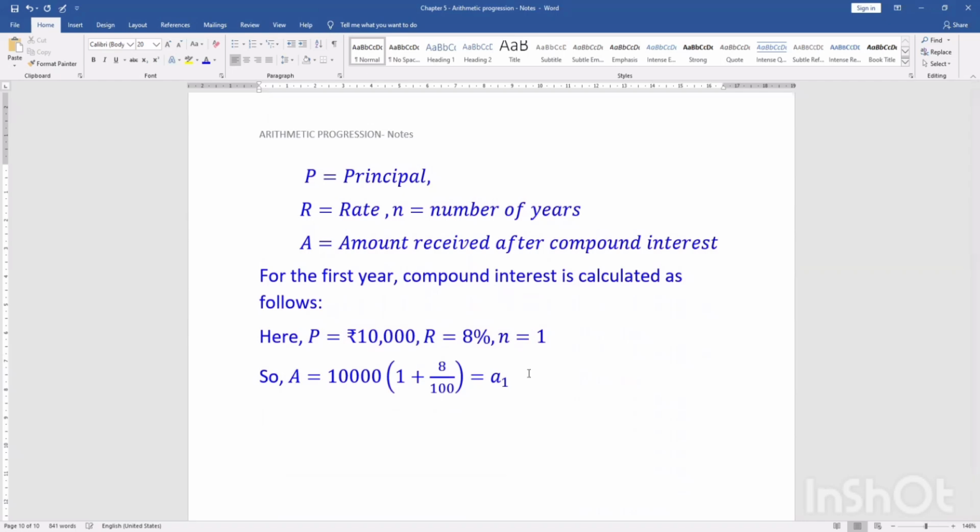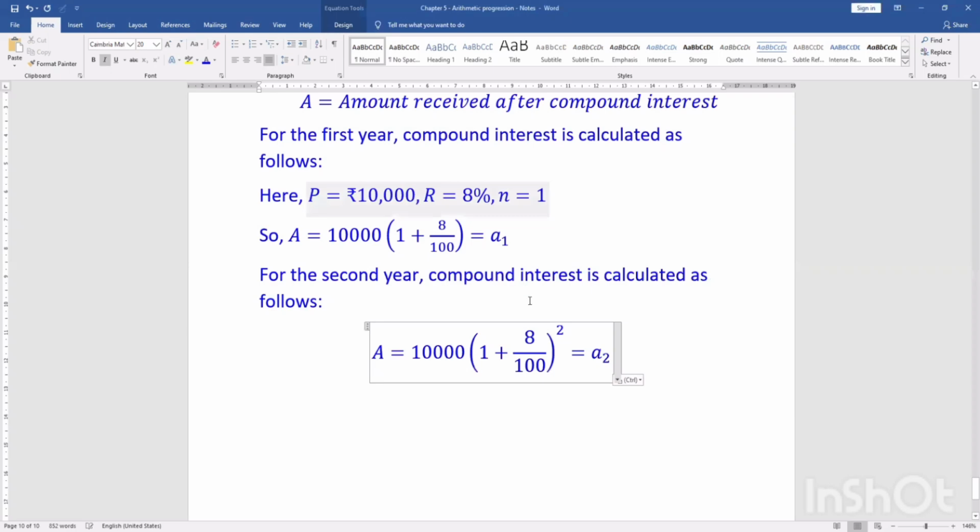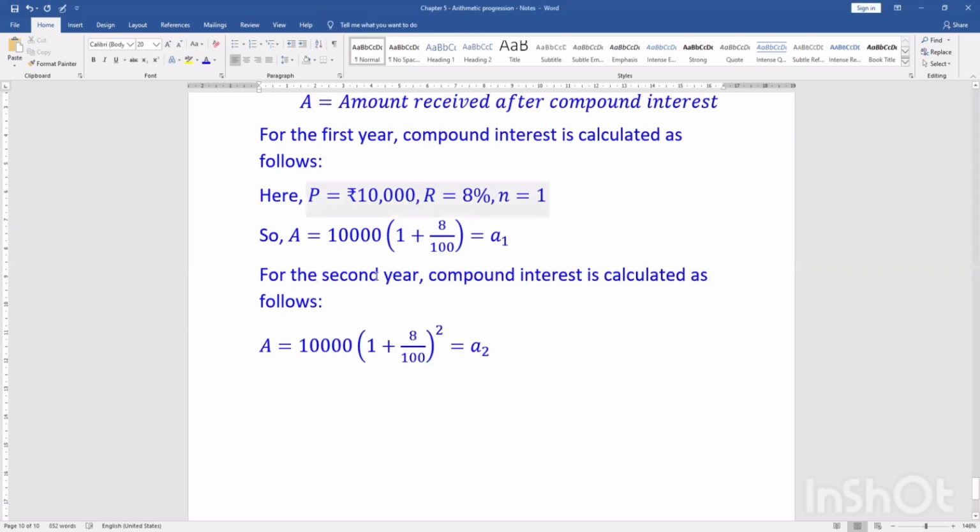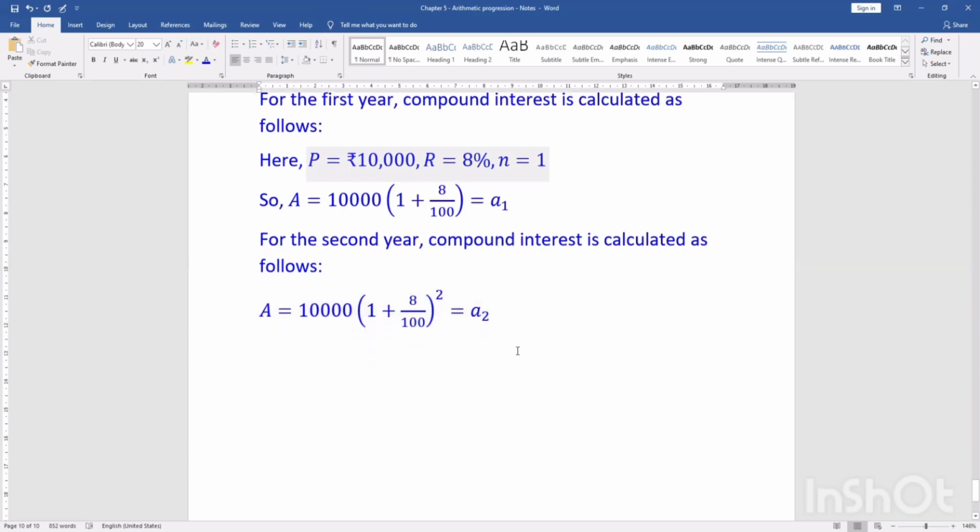The next one, for the second year. We have A equals 10,000 into 1 plus 8 by 100 whole square, which is equal to A2.